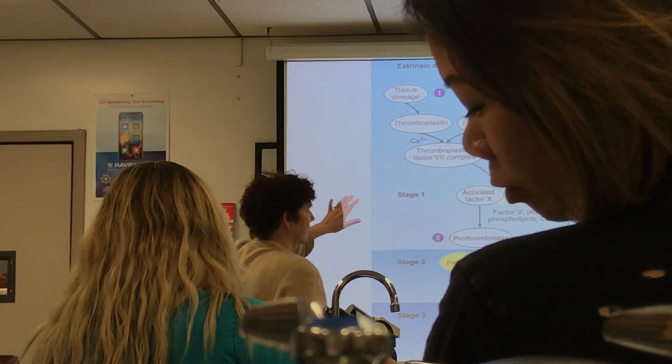So when I drew that pathway, common pathway on the board, over here, we got to the factor X by thromboplastin. Over here, anybody remember what I wrote? Abnormal surface. That's the glass. The needle going into the blood vessel is not causing the cells surrounding the vessel to produce thromboplastin.